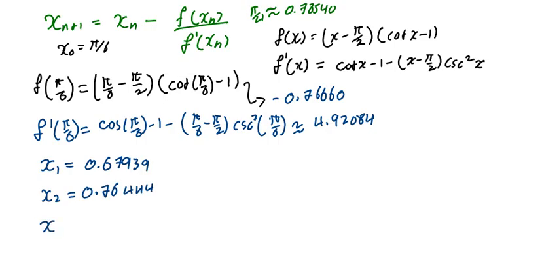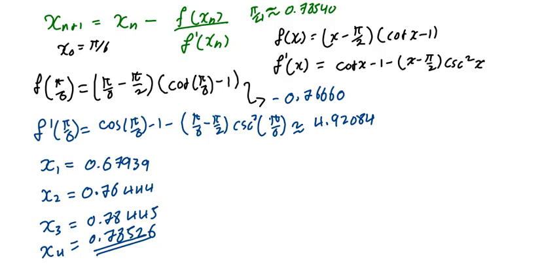Then your third iteration, x3, will be equal to 0.78445. Then the fourth iteration, x sub 4, will be equal to 0.78526. Okay, that's what the question is asking us to do. We do 4 iterations, so we're going to end here.